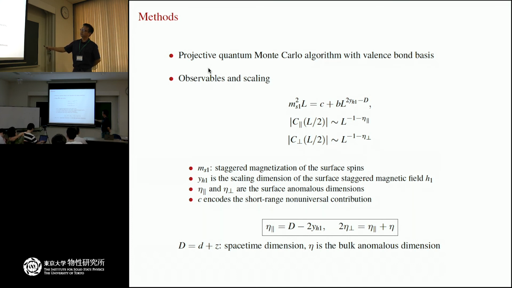Using these quantities, we can estimate Y_H1, which is the scaling dimension of the surface staggered magnetic field.